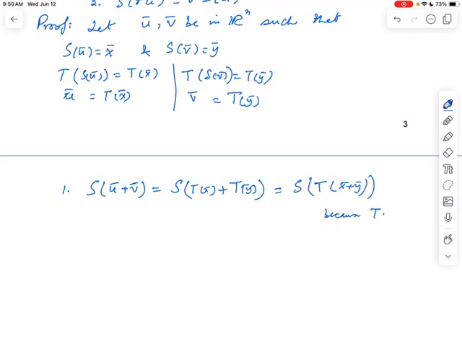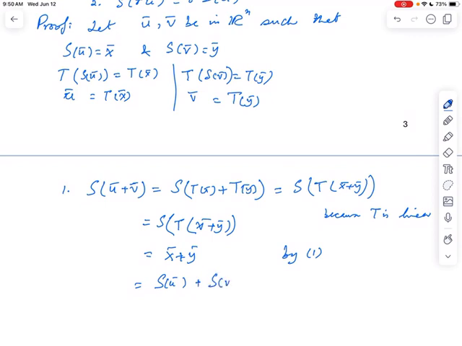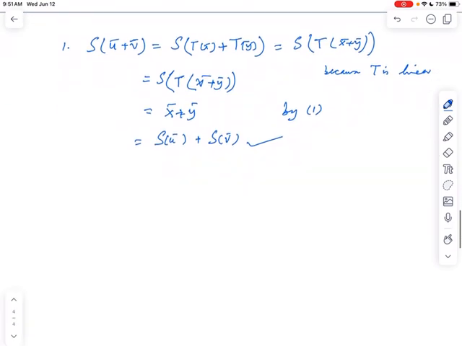So now it becomes S of T of x plus y. I'm rewriting that. So which means now this is going to give me x plus y, according to equation 1. But what is x? x is S of u and y is S of v. Hence we have proved the first condition.